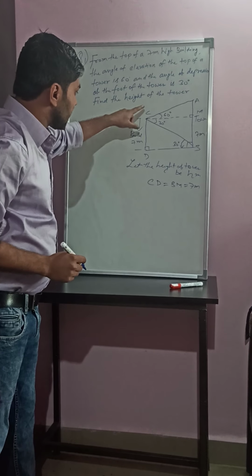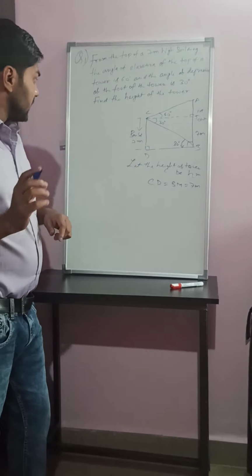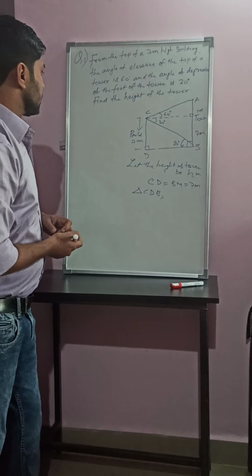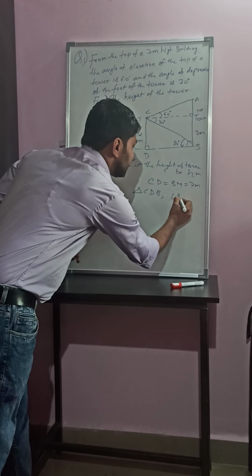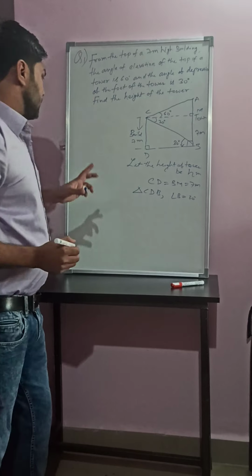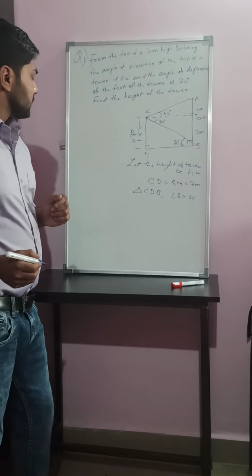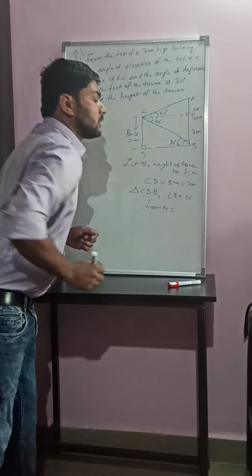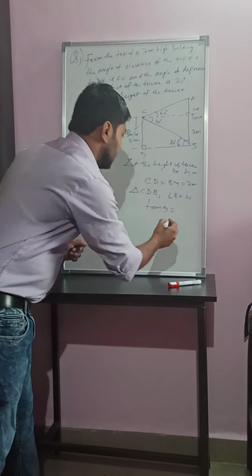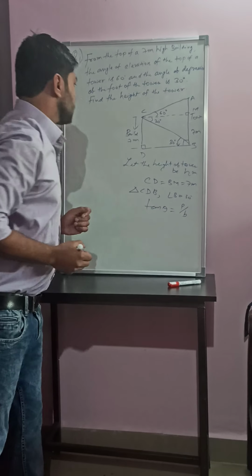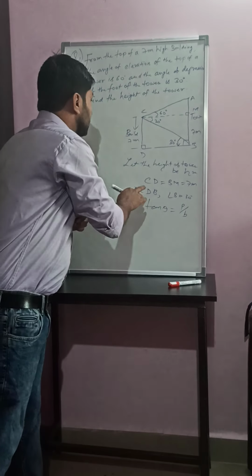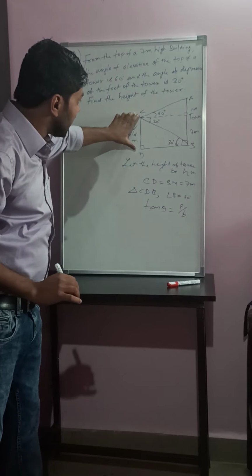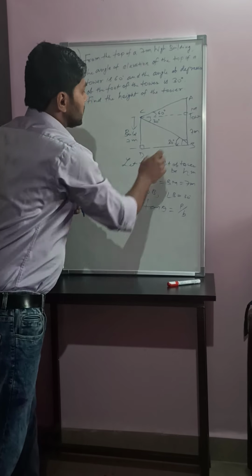Now I'm going to take the triangle CDB. In triangle CDB, angle B is 30 degrees. I'm going to use the relation tan theta equals perpendicular by base, P by B. Here the angle theta is 30 degrees, the perpendicular is CD and the base is DB.